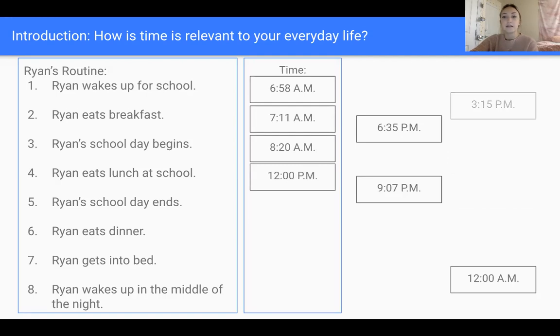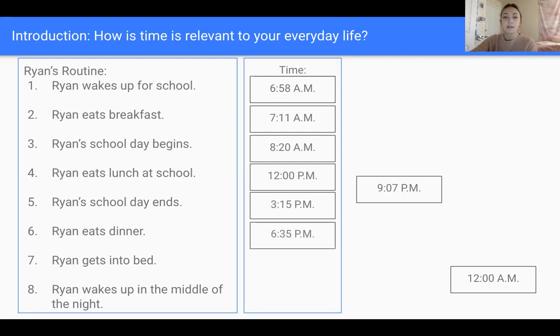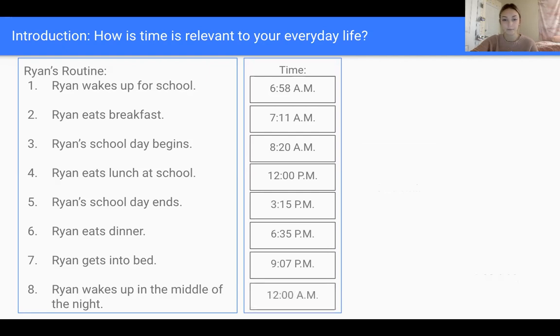Ryan's school day ends at 3:15. Ryan eats dinner at 6:35 and Ryan gets into bed at 9:07 and Ryan wakes up in the middle of the night at 12 a.m.